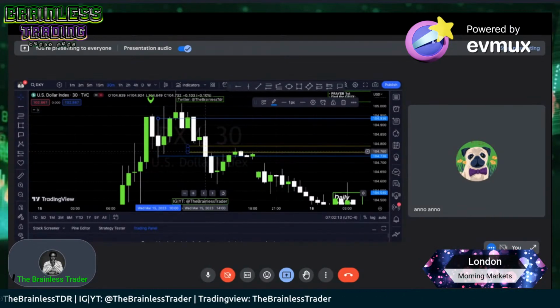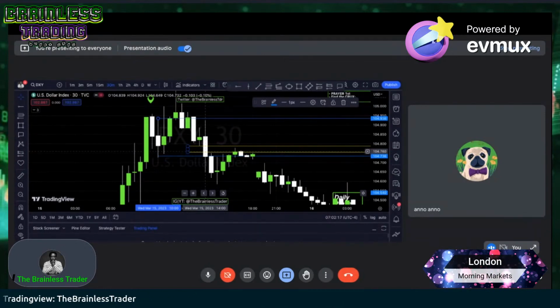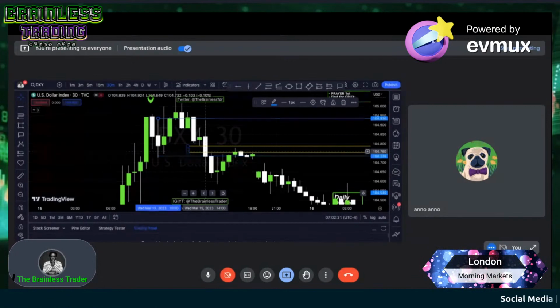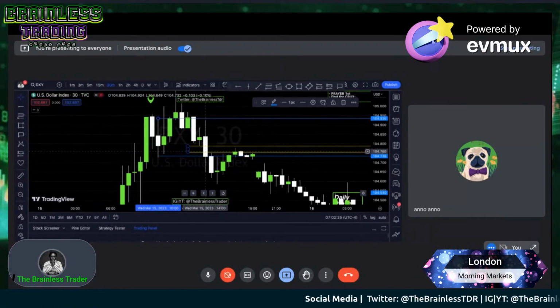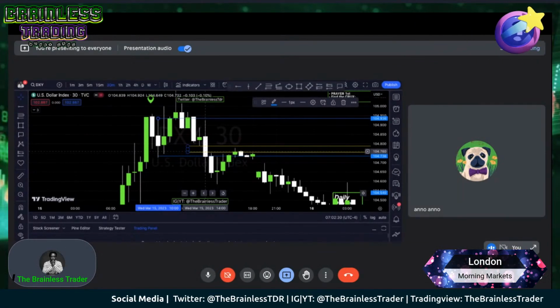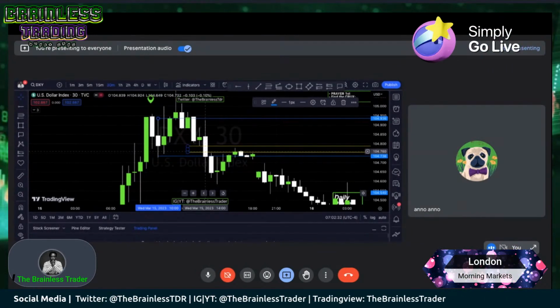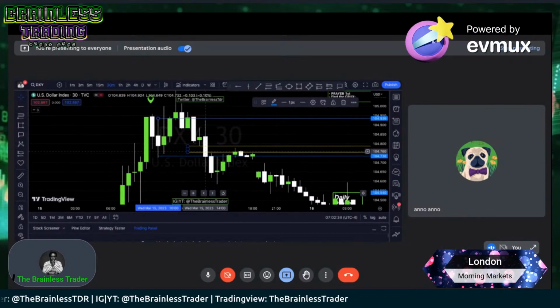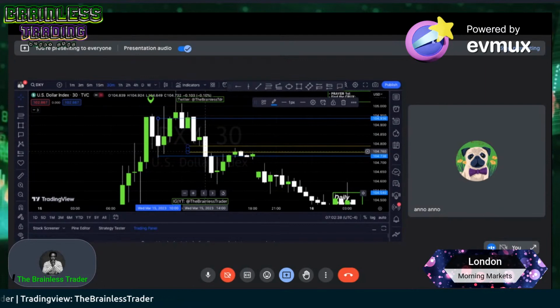There's manipulation, but they don't mess around with the perfection of the candlesticks printing properly and hitting the fair value gaps. Whereas a pair like GBP USD, it'll do some stuff that doesn't look right, and then it'll go the direction that you thought it was going to go originally.